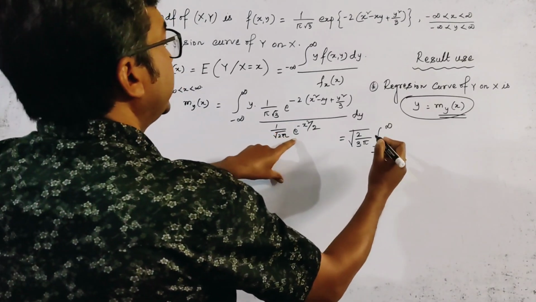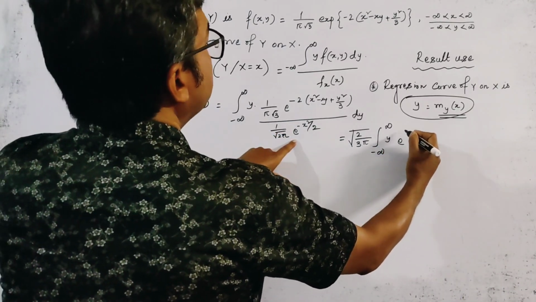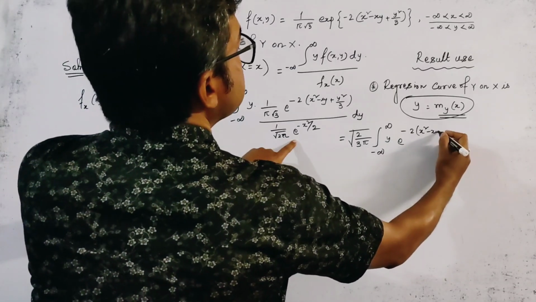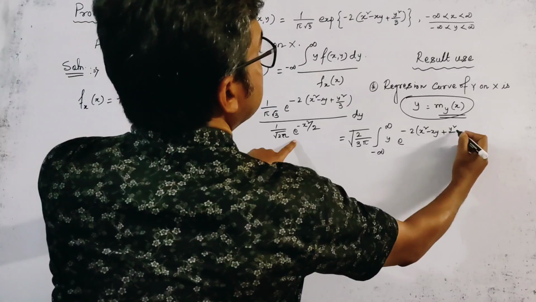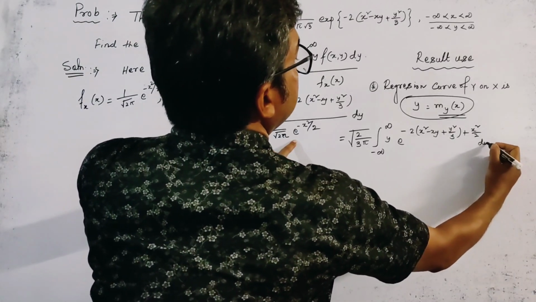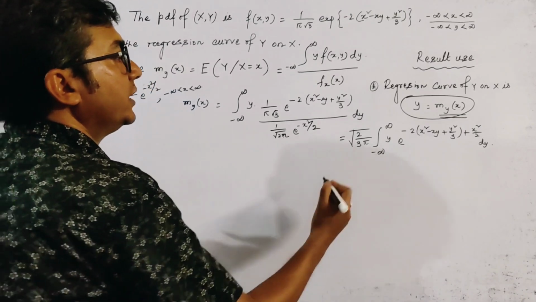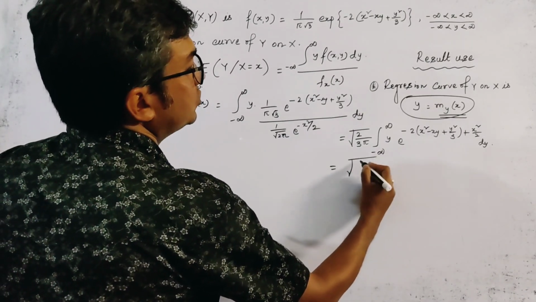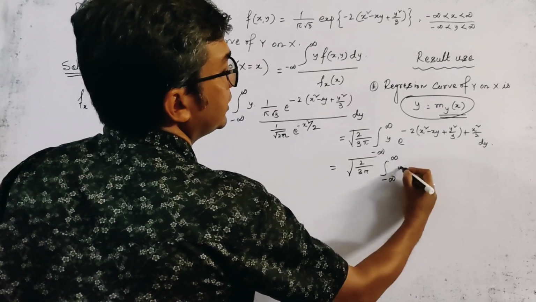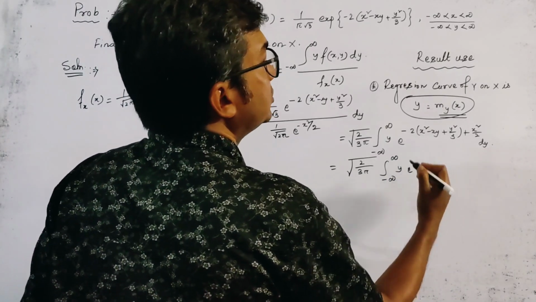Okay, and this is y into e to the power minus 2 into (x square minus xy plus y square) by 3 plus x square by 2, into dy. Now this is given by root 2 by 3 pi, integration minus infinity to infinity y into e to the power.